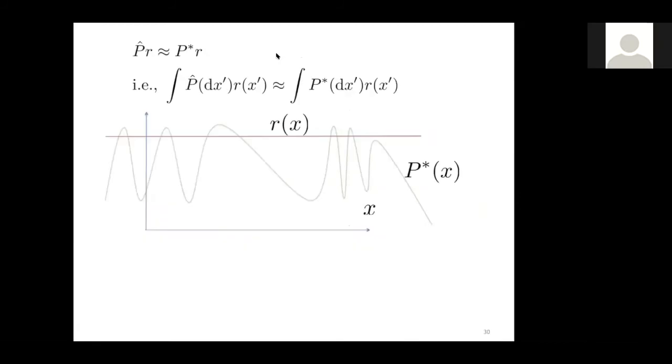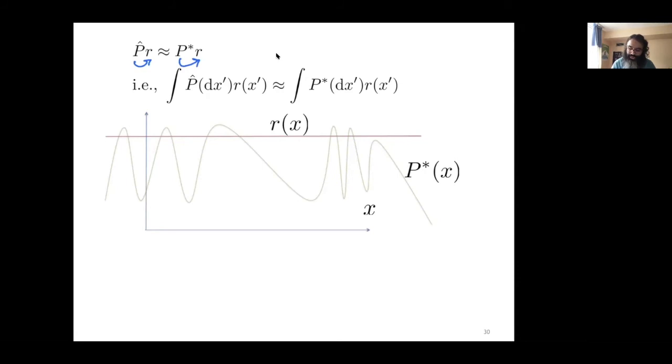So now just to give you an extreme example of why this might matter, suppose you just want to learn a p-hat that if you apply it to a reward function, the effect would be similar to the effect of p star applying to the reward function. Previously, in the previous slide, it was about value function, but the reward function would be a simple, basic case.